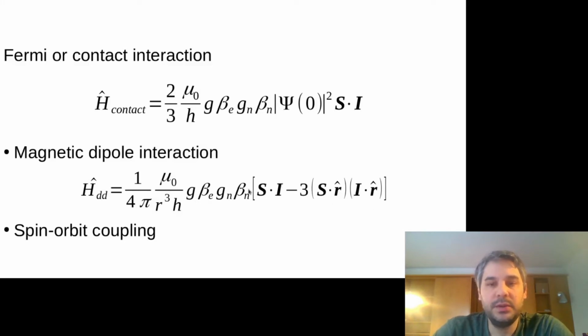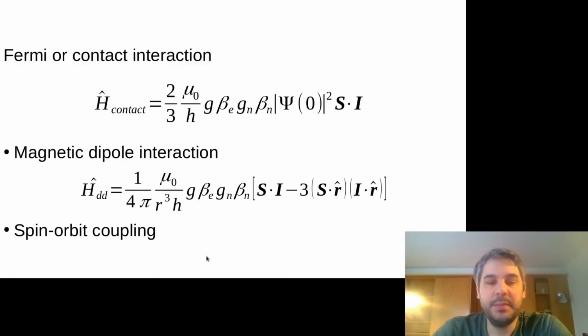So we are going to disregard for now this part of the Hamiltonian, the magnetic dipole interaction, and there's another interaction which is the spin-orbit coupling, which is very important when you are trying to calculate hyperfine splittings involving transition metals or lanthanides or different molecules.